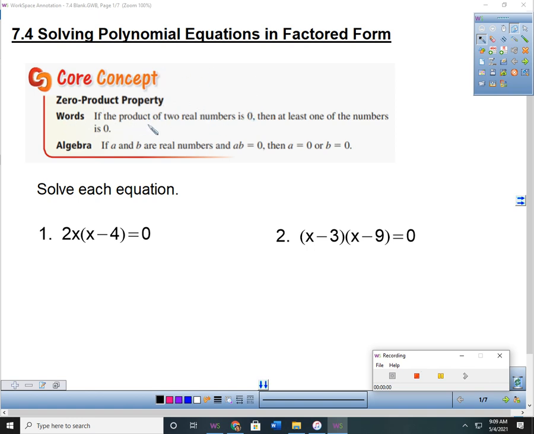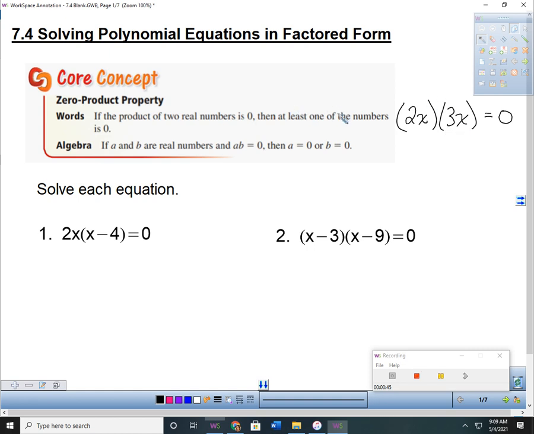So if the product of two real numbers is 0, in other words, let's say I take 2x times 3x, and I set that equal to 0. So this is one real number, and this is one real number. Remember, product means that we're multiplying.